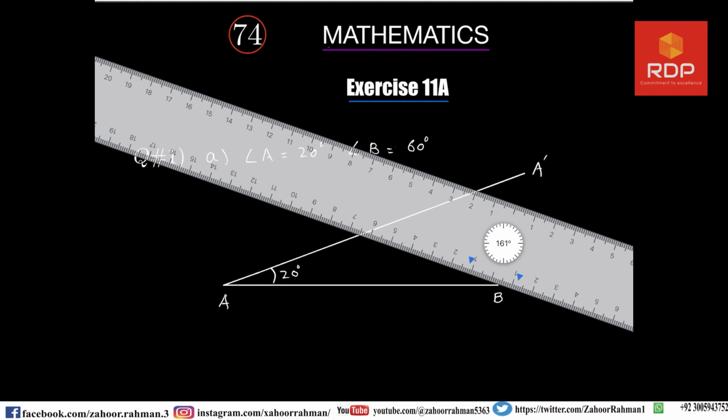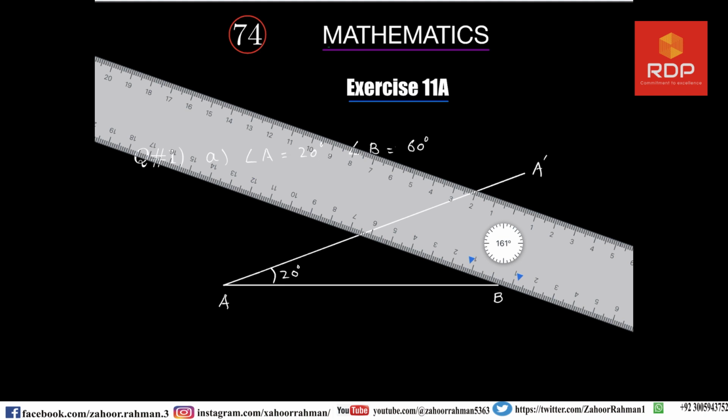If you are drawing an angle from one side, then you have to take the calibration which is at the bottom, and when you are drawing an angle from the other side, you have to take the upper calibration.